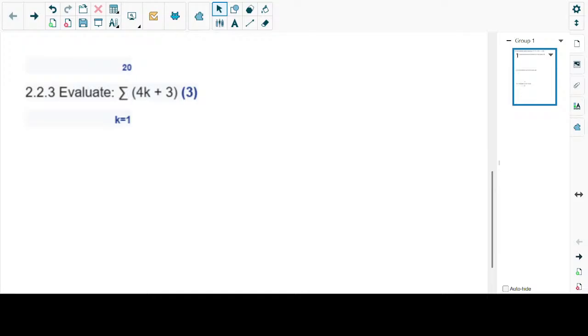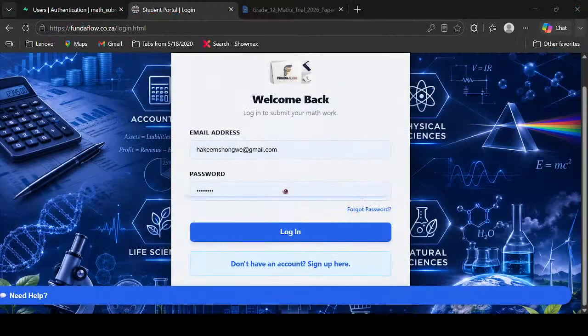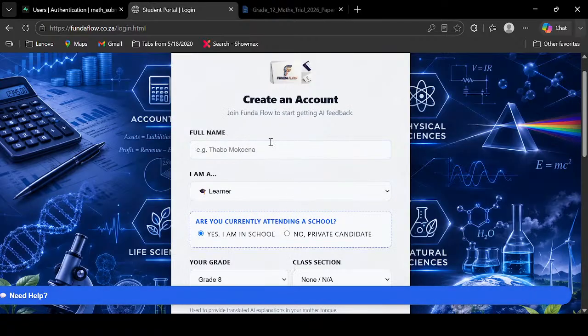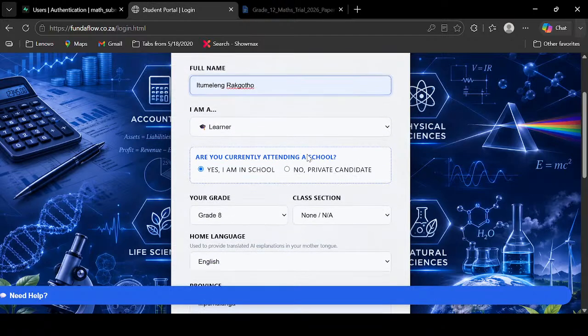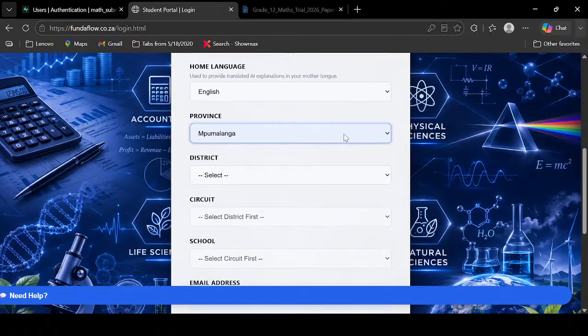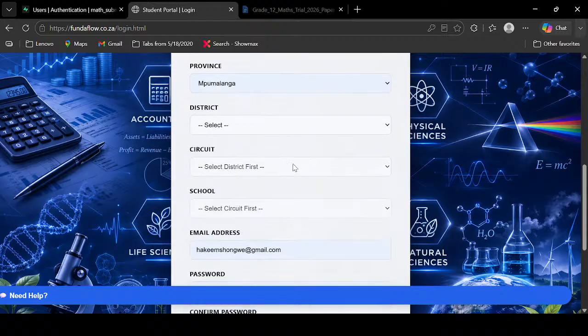So then we are going to do this now. Start. Don't have an account, sign up. Then I'm going to sign up as ITF Rahut. I'm a learner. I'm doing grade 12, class A. I love class A. Let me just use my home language as this one.